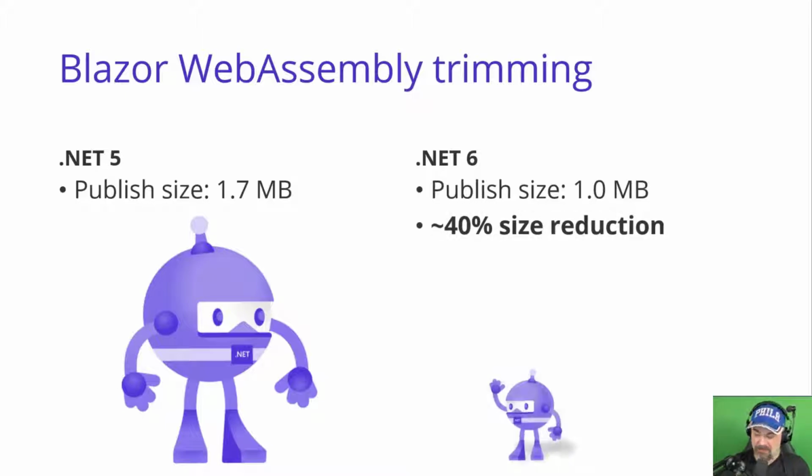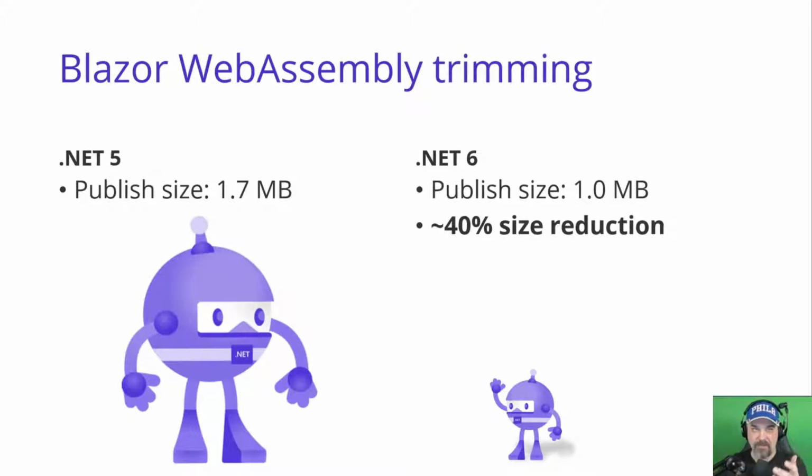Between trimming and compressing with Brotli, that default template that you saw me navigate around and interact with ships 1.7 meg into the browser by default. With .NET 6, we can get that down to 1 megabyte. That's a 40% size reduction, and we think that is much more palatable for the typical user that interacts with Blazor websites. Not just Blazor websites, actually, all websites.